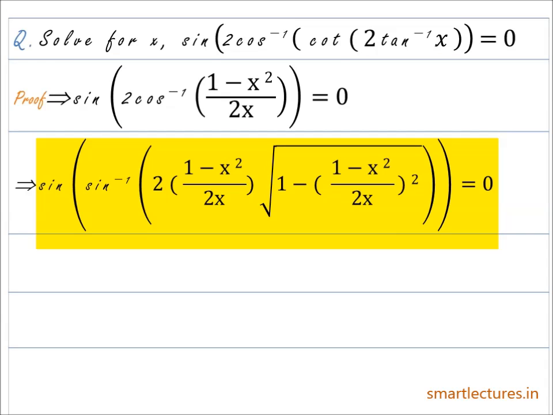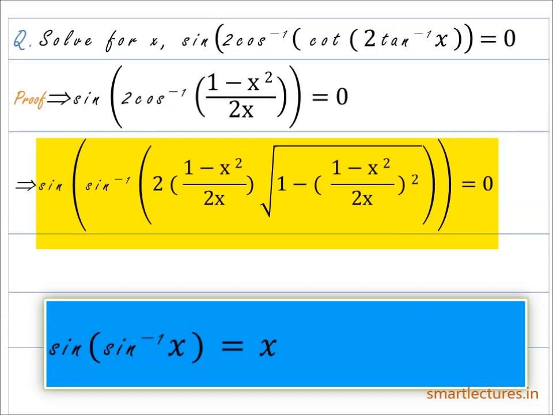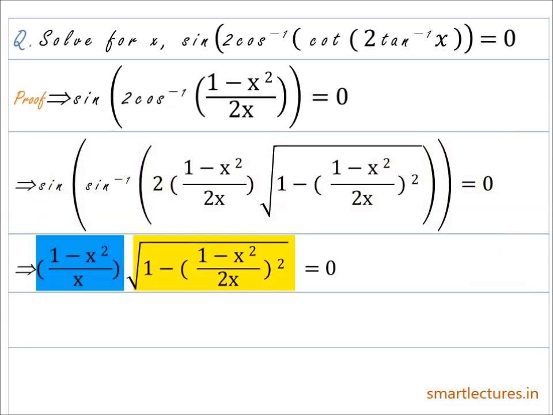And also sine of sine inverse x is equal to x. So now this equation becomes 1 minus x square upon x into 1 minus x square upon 2x whole squared is equal to 0. So now in the left hand side we have product of two expressions and the right hand side we have 0.